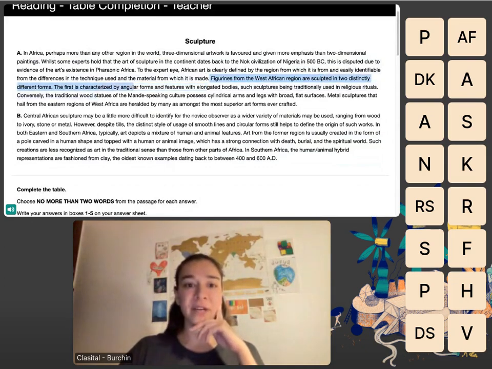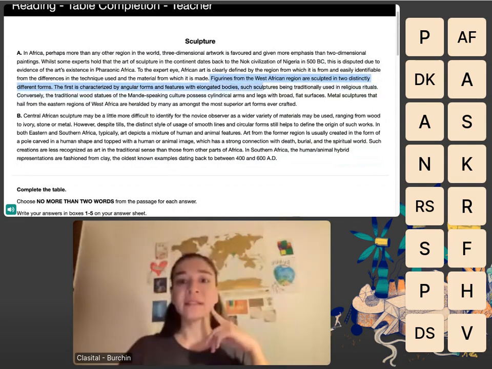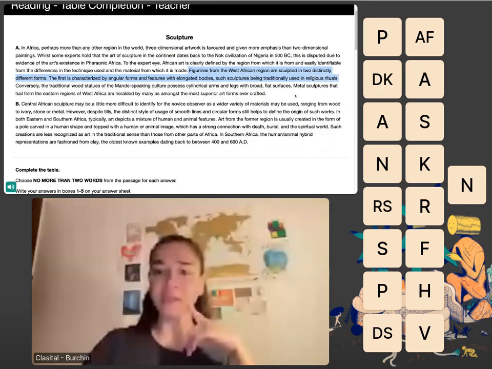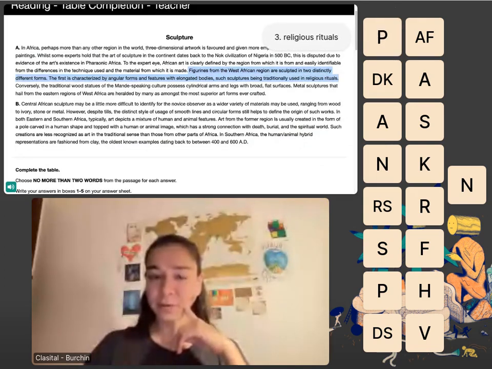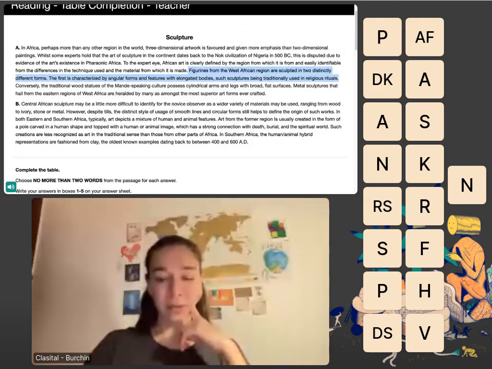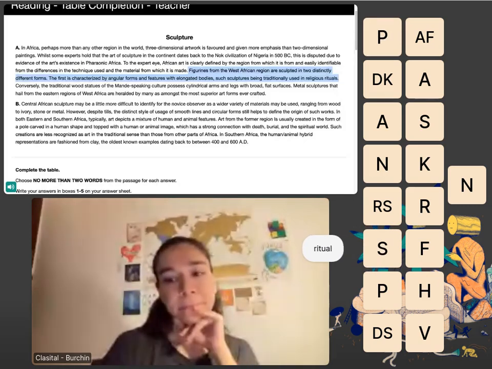The first is characterized by angular forms and features elongated bodies, such sculptures being traditionally used in religious rituals, conventionally made for the purpose of religious rituals.